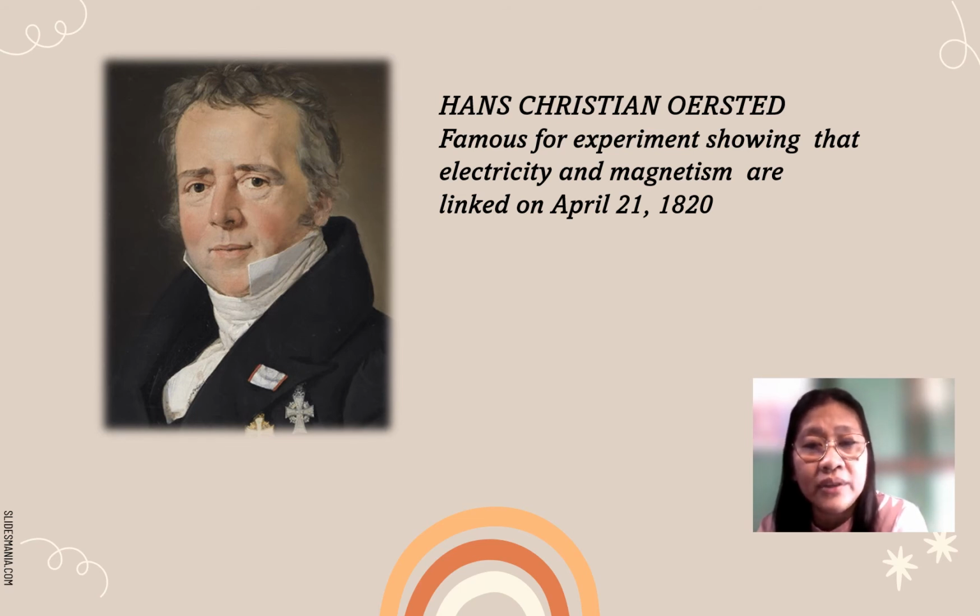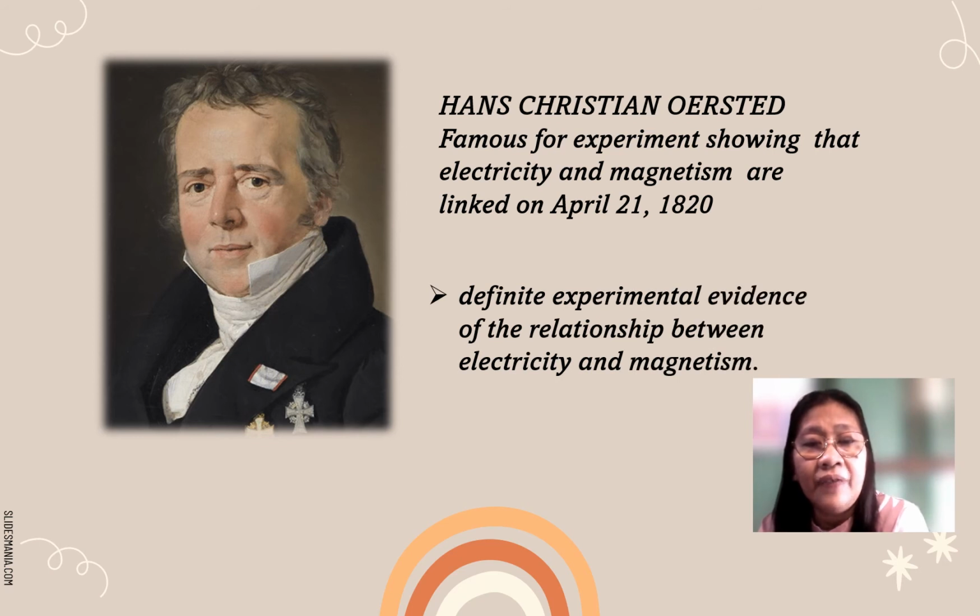On April 21, 1820, he produced definite experimental evidence of the relationship between electricity and magnetism. So, Hans Christian Ørsted was definite when he made an experiment and found out that there is a relationship between electricity and magnetism.